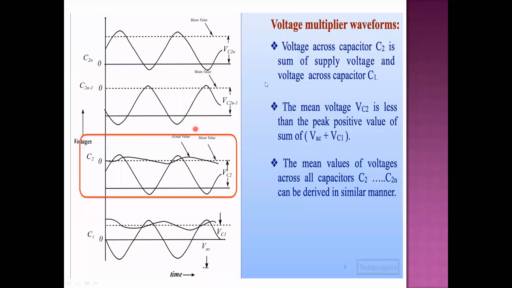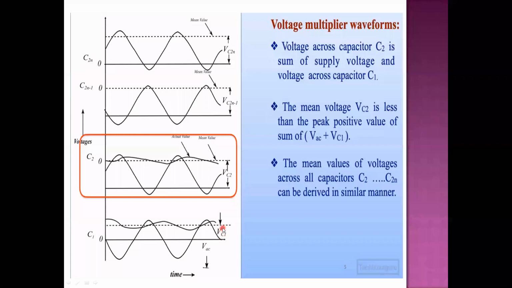Now let's consider the voltage multiplier waveforms. These are the different types of voltage multiplier waveforms. Across the capacitor C1, the voltage waveforms are like this. This is called the supply voltage, and this is VC1, the voltage across the capacitor.